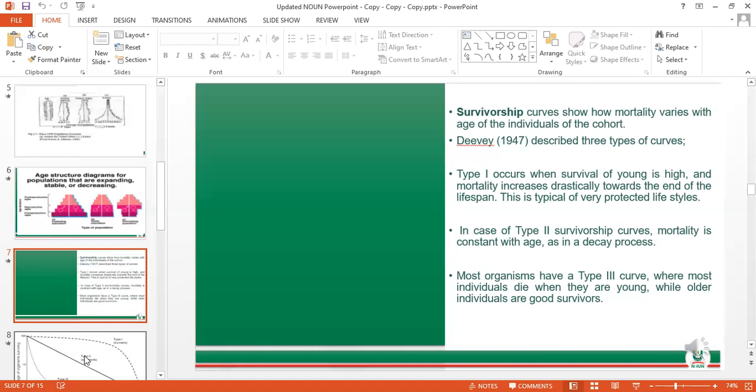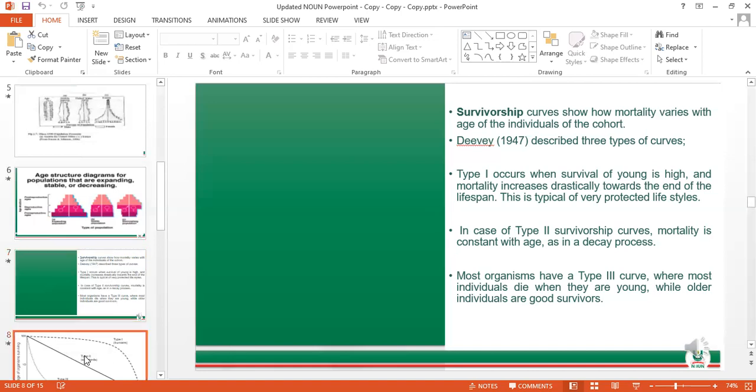In the type 2 survivorship curve, the mortality is constant with age, as in a decay process. But most organisms have the type 3 survivorship curve, where most individuals die when they are young, while older individuals are good survivors.